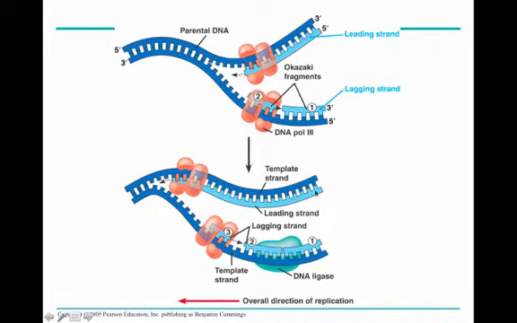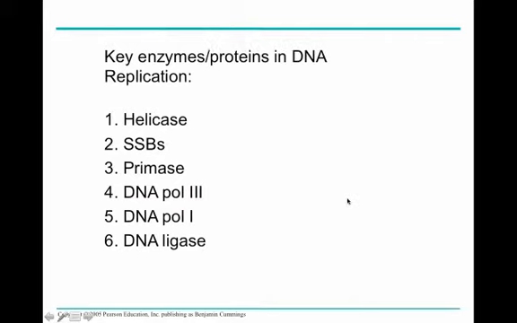At time B, the leading strand is just cranking along, adding those nucleotides, whereas down here it's moving along toward that fork, but it's taking a little bit longer, and it has to do with the nature of the DNA molecule and the strandedness that's involved.